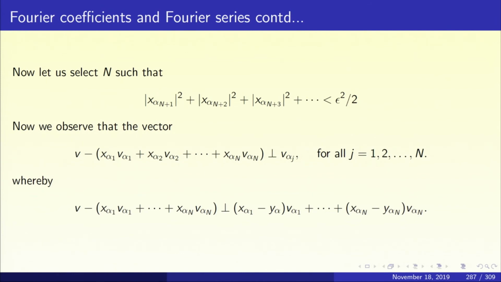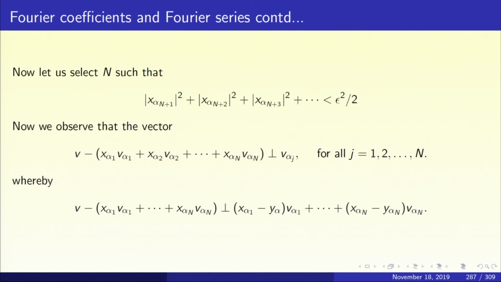So, now let us observe again, as in the previous argument, that v minus x alpha 1 v alpha 1 plus x alpha 2 v alpha 2 plus etc. plus x alpha N v alpha N is orthogonal to each of the vectors v alpha 1, v alpha 2, ..., v alpha N, and hence it is orthogonal to every linear combination.